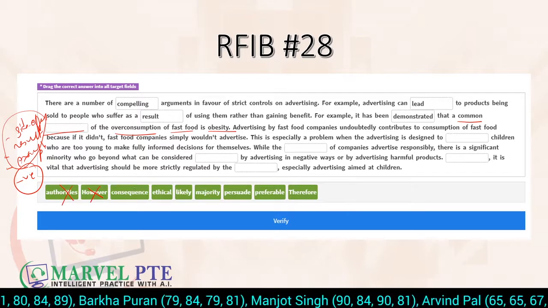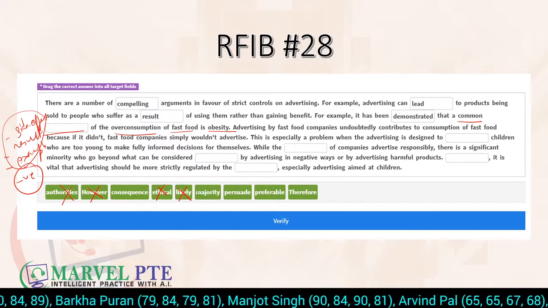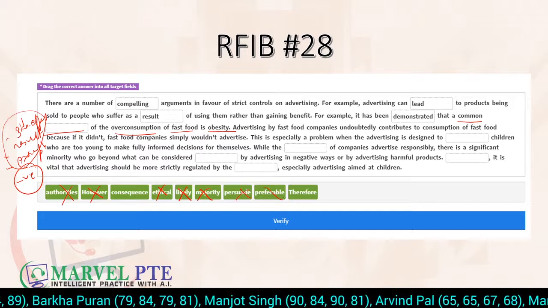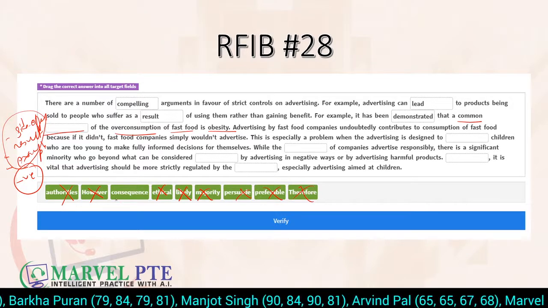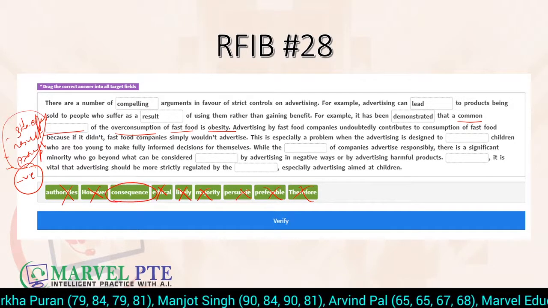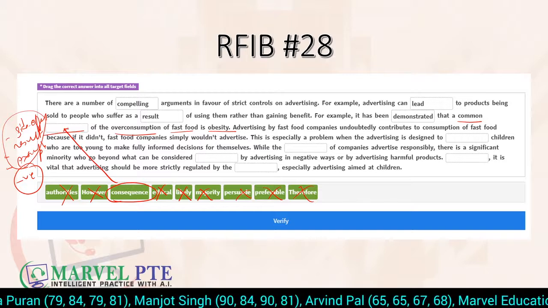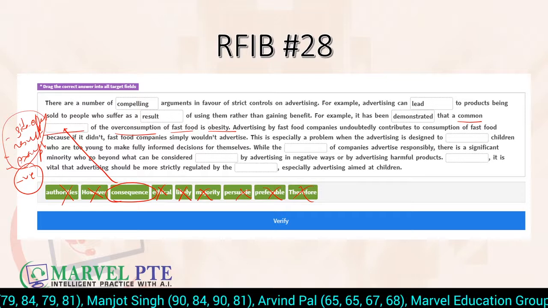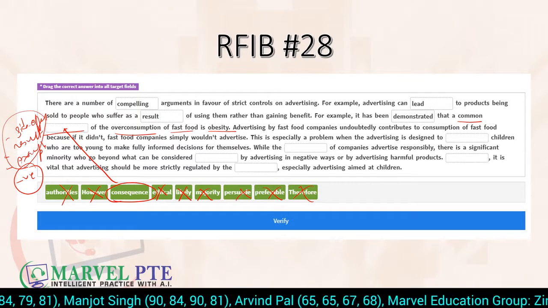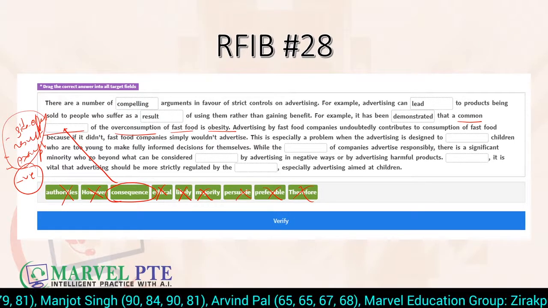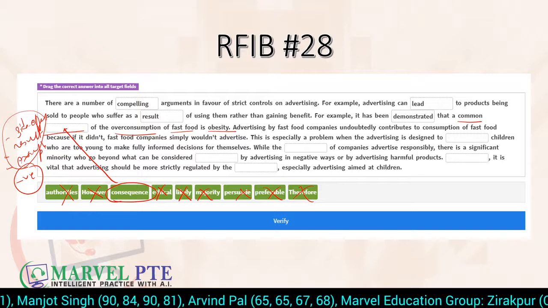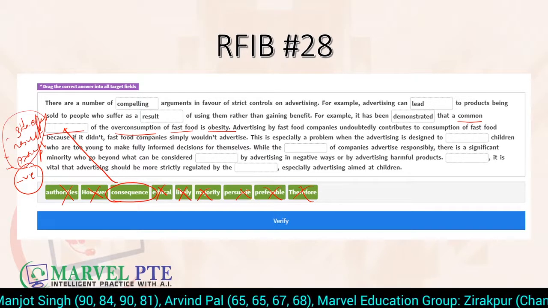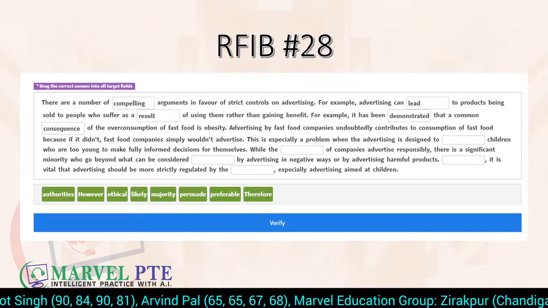Authorities, no. However, no. Ethical cannot be negative. Likely, majority, persuade, preferable cannot be negative. Therefore cannot be negative. So we are just left with one blank, which is consequence, and it makes contextual sense also: a common consequence is the result, side effect, negative result. A common consequence of overconsumption of fast food is obesity. So we are going to put consequence over here.